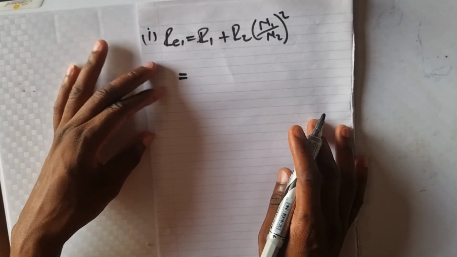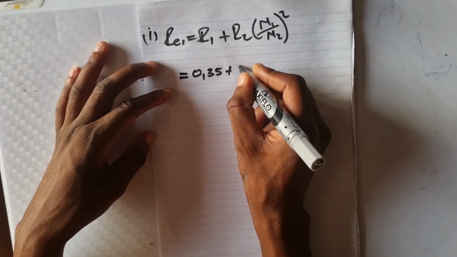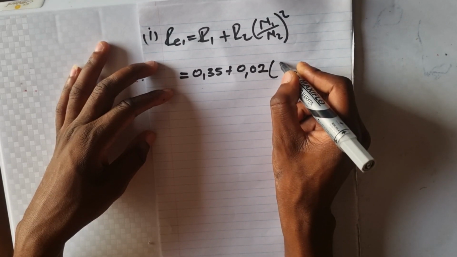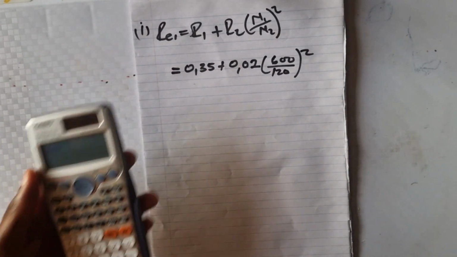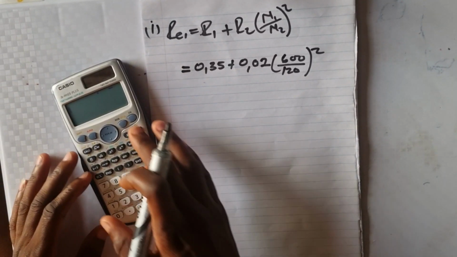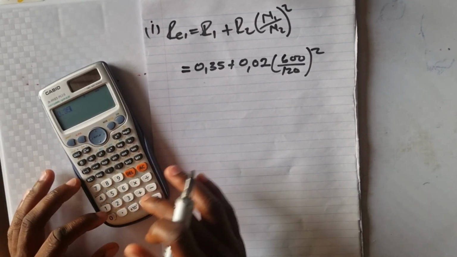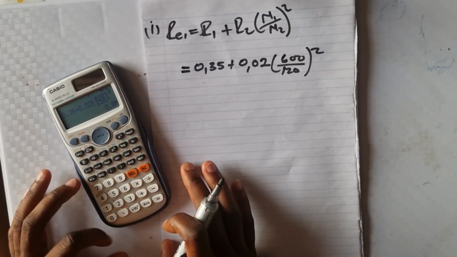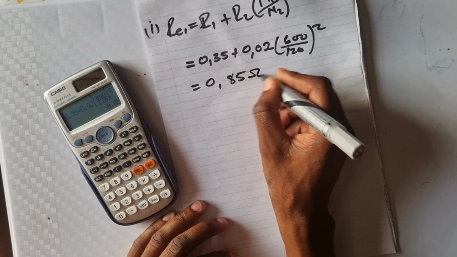So this is equal to 0.35 plus 0.02 times (600 over 120) squared. This gives us 0.85 ohms.